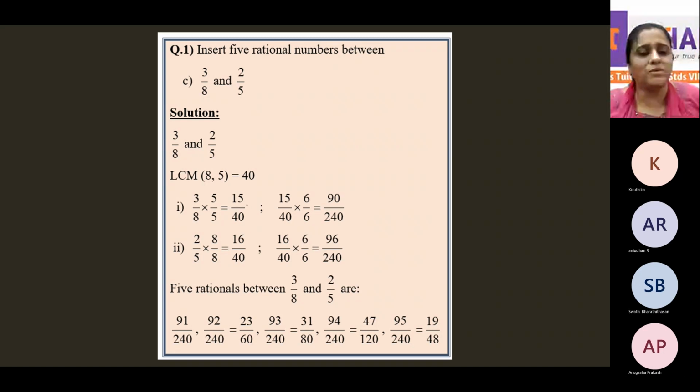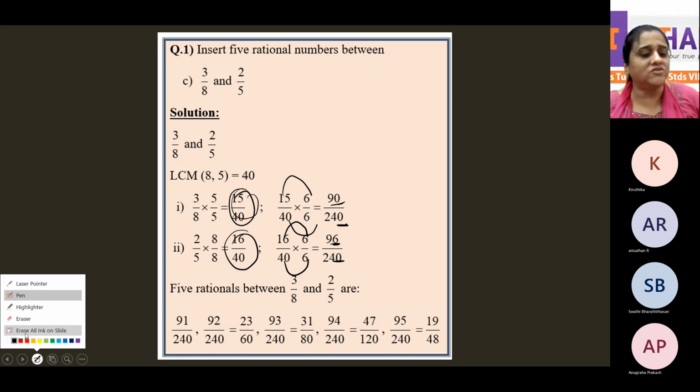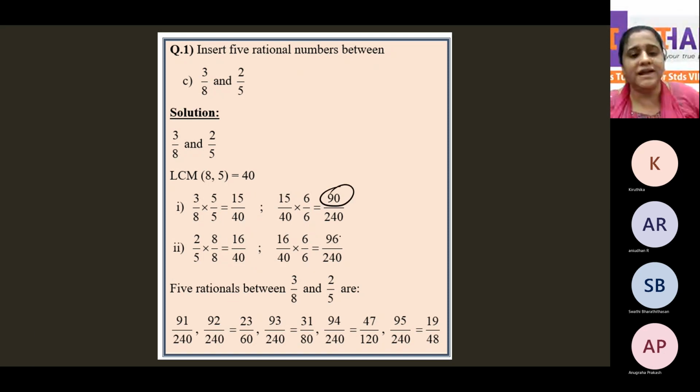So first using the concept of LCM, 15 by 40 and 16 by 40. Then I've multiplied 15 by 40 with 6 and 16 by 40 also with 6. So it becomes 90. 15 into 6 is 90. 40 into 6 is 240. 16 sixes are 96. 40 sixes are 240. Now we have widened the space in the numerator. 90 and 96.